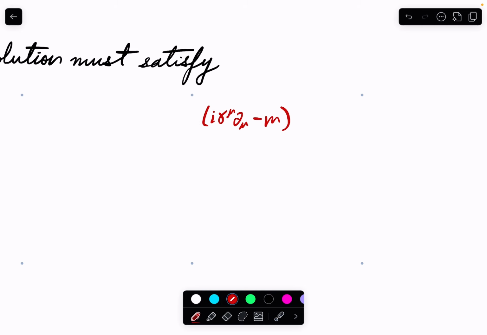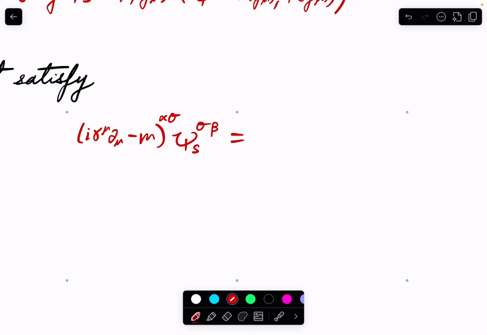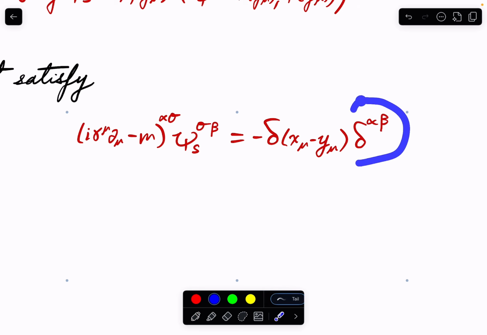So now we're looking at the alpha and sigma components of the matrix times the special solution times the sigma beta component of the matrix, minus partial x mu minus y mu. And then this right here is basically the identity matrix.